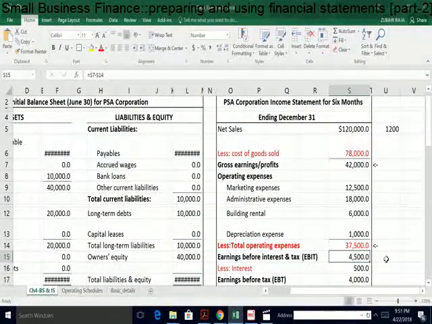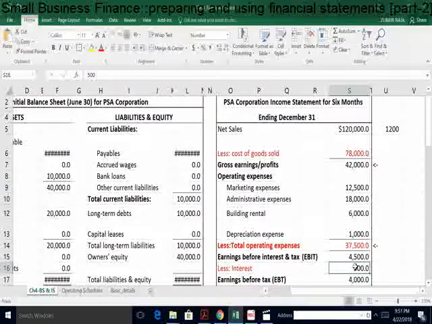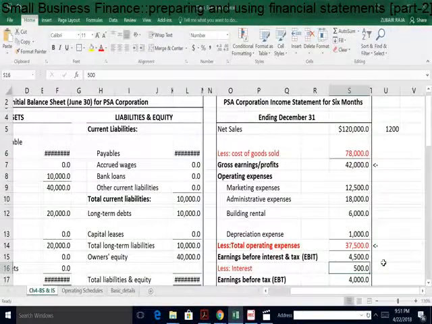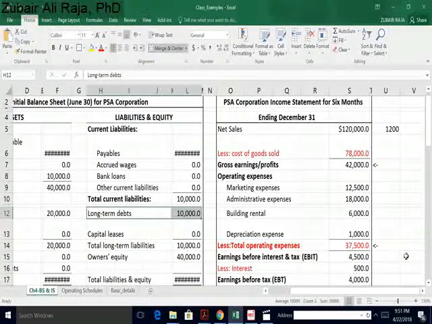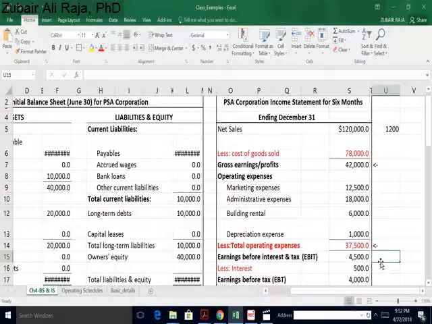So what is now the interest? Again, remember the entrepreneur of PSA Corporation borrowed $10,000 from his friend as long-term debt. Look over here, and he's going to pay him 10% each year as interest for using his money. So if you take 10% of $10,000, you'll get 1,000.